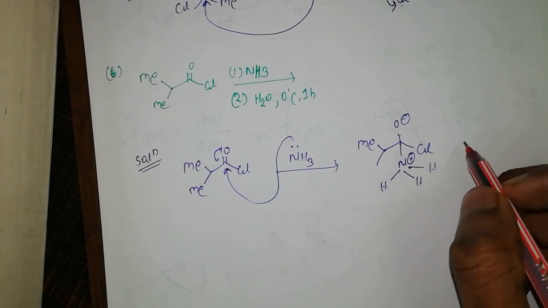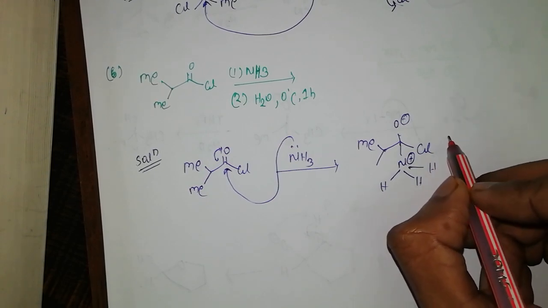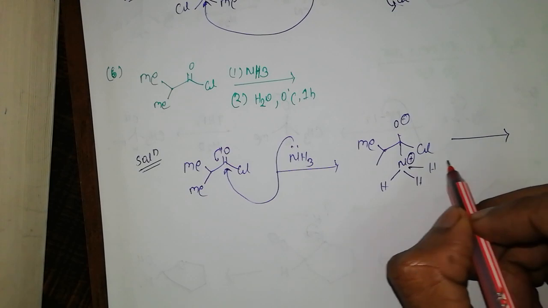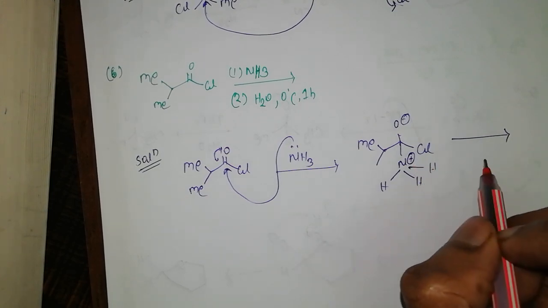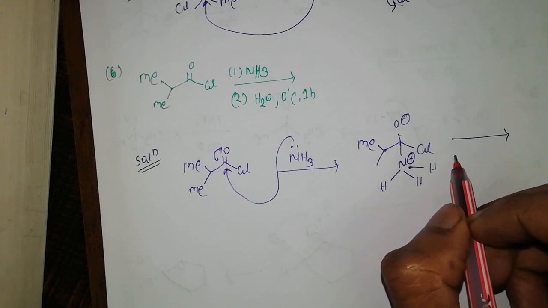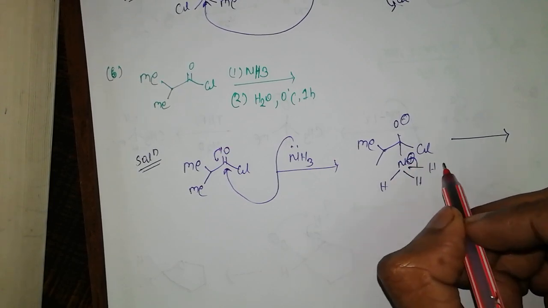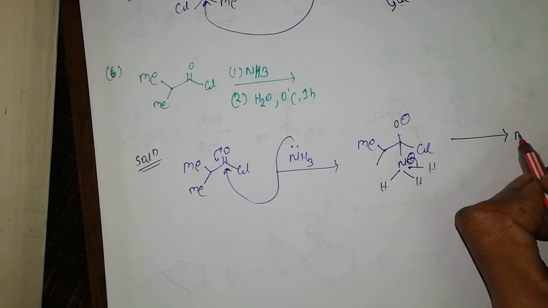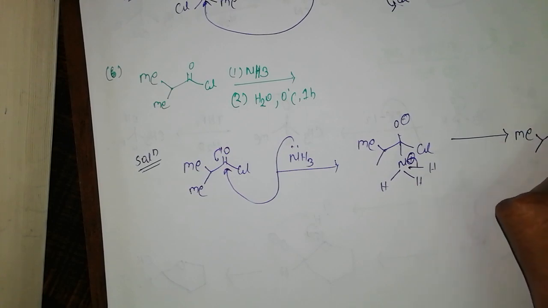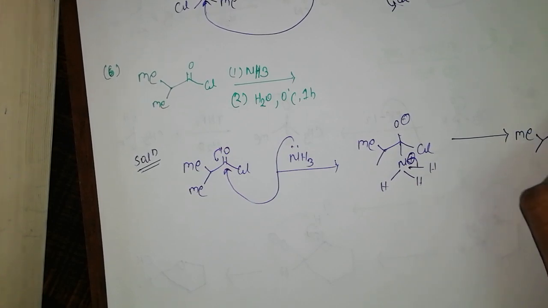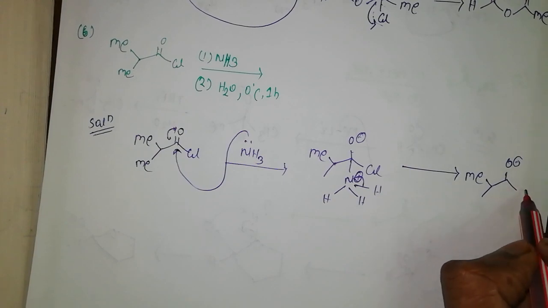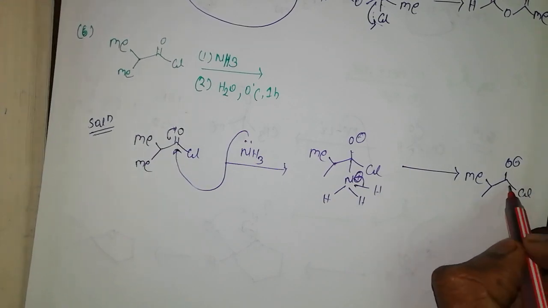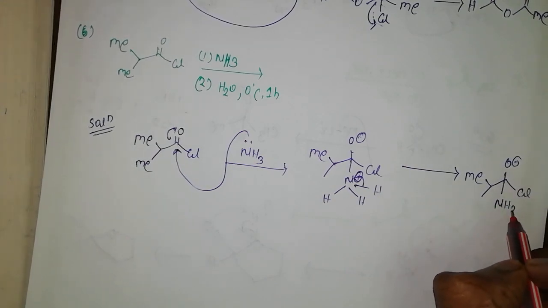So what will happen then? We know nitrogen is a more electronegative atom, so an electronegative atom having a positive charge is highly unstable, so H gives its electron to the N to become stable. So Me, so this Cl and becomes NH2.